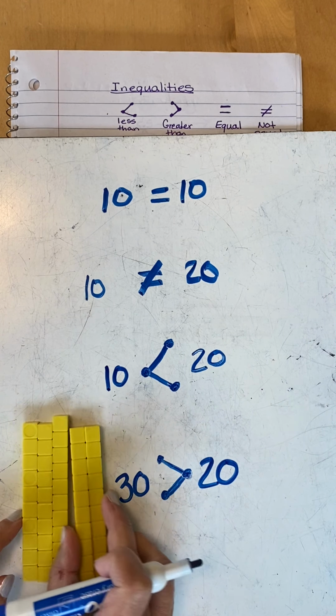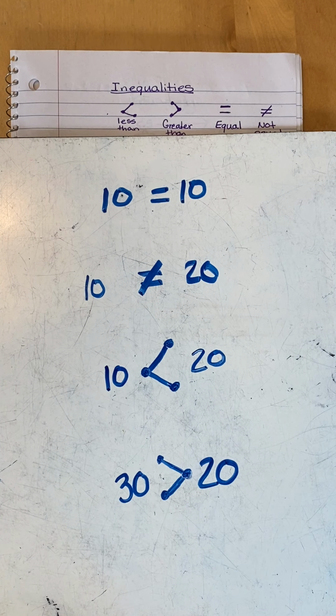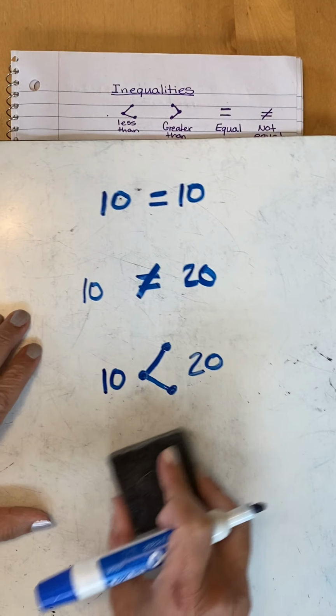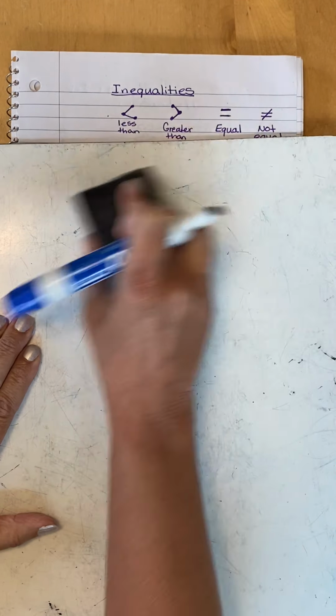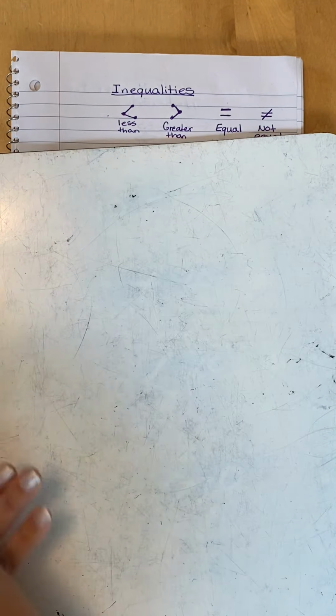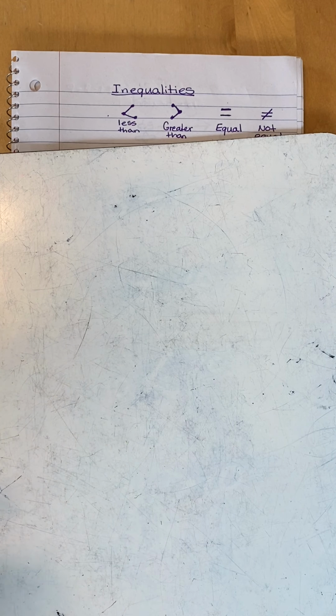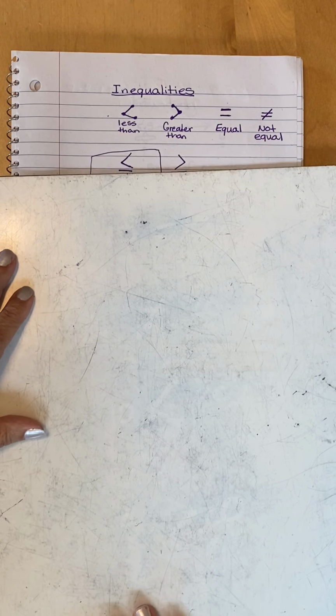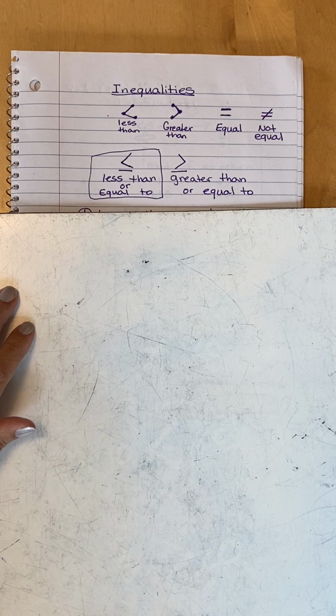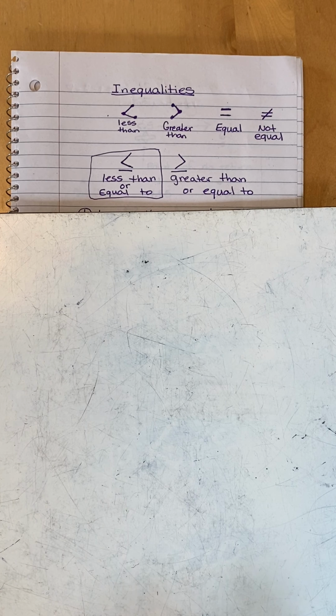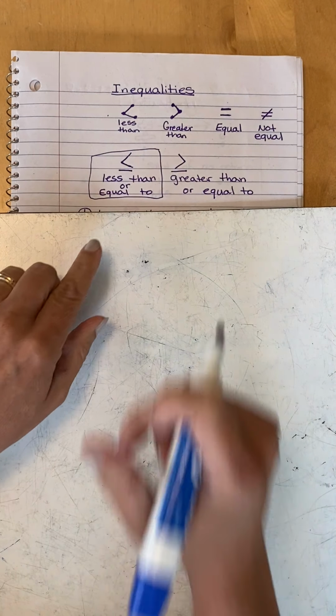So these are our symbols. And you're welcome to take notes with me, copy my notes, or you can print the picture of the notes that are completely taken for you, whichever helps you. Now, sometimes we have situations where it can be less than or equal to.